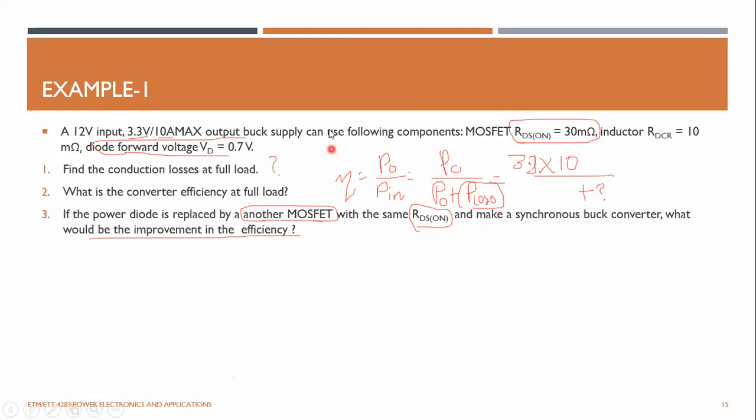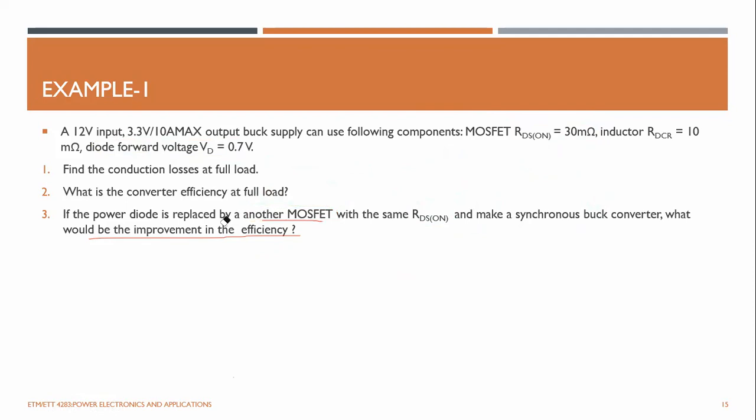I will give you this as an activity so you can work by yourself. That will improve your ability to analyze power converters, right? Maybe in the exam these kinds of questions will come. In the exams, I will just give you the data sheets and all these things, so you have to work by yourself.